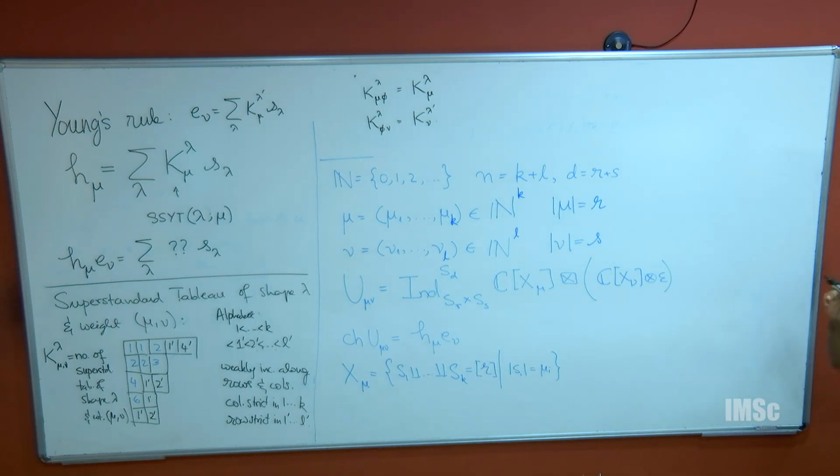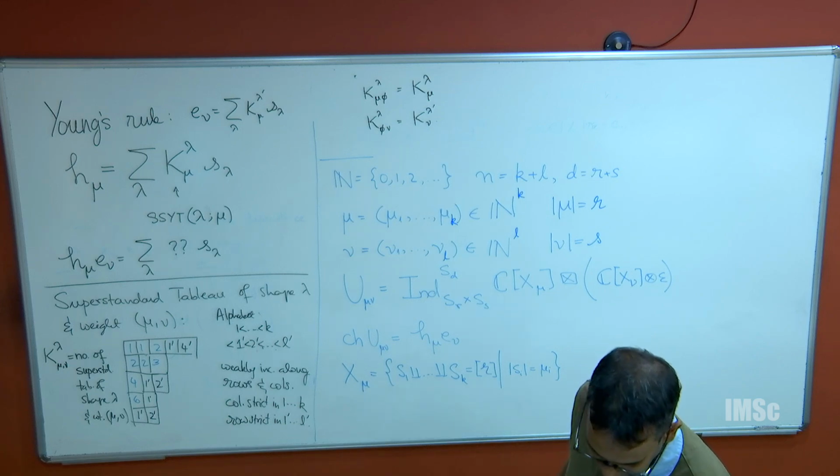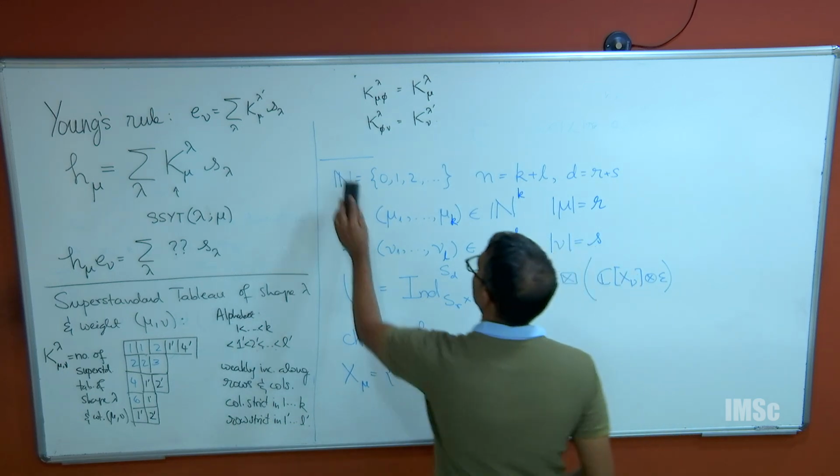So it gives a symmetric thing; it includes both K_{λμ} and K_{λ'ν} as special cases. So it is again symmetric with respect to this involution. And so, here is the statement.